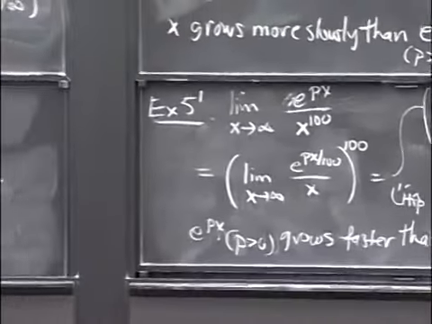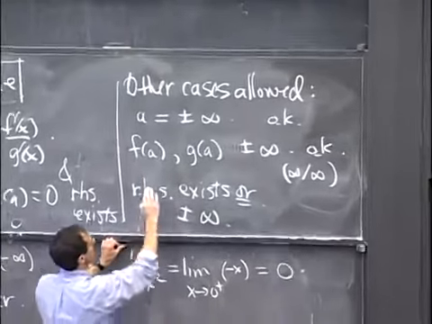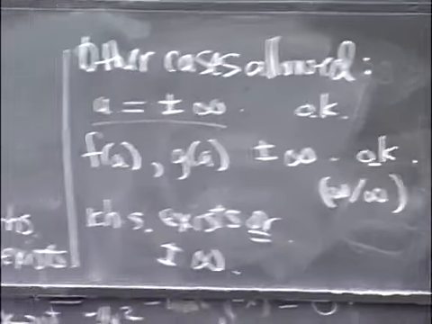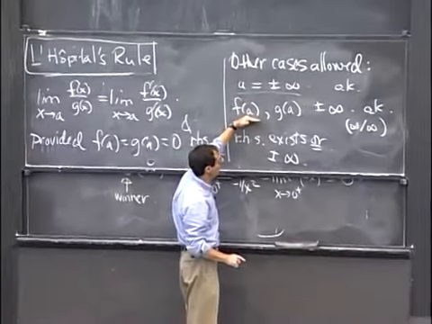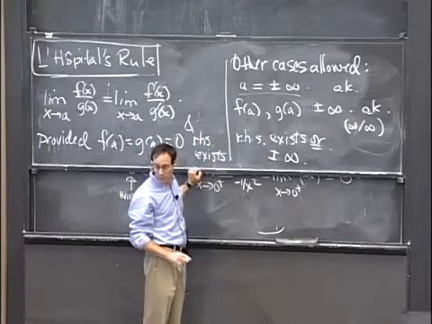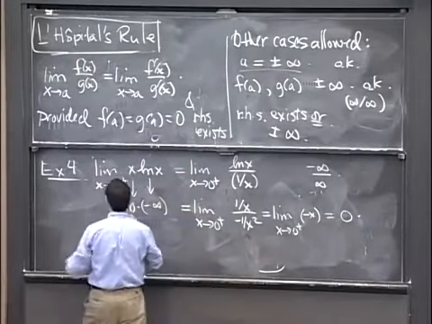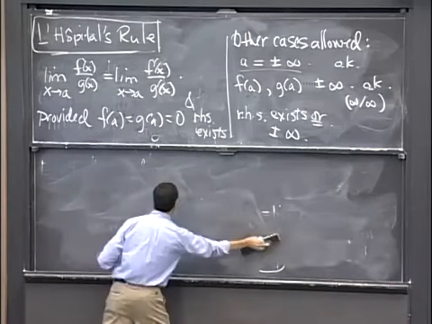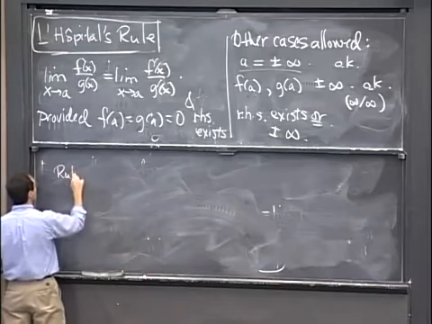So I said that, and I think what you were asking is, if I have this hypothesis, can I also have this hypothesis? That's okay. I can have this hypothesis combined with this one. I need something about f of a and g of a. I can't assume nothing about f of a and g of a. So in other words, I have to be faced with either an infinity over infinity or a 0 over 0 situation.